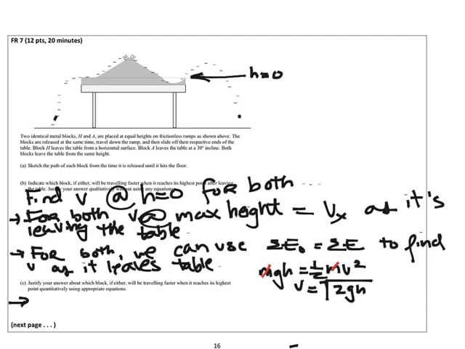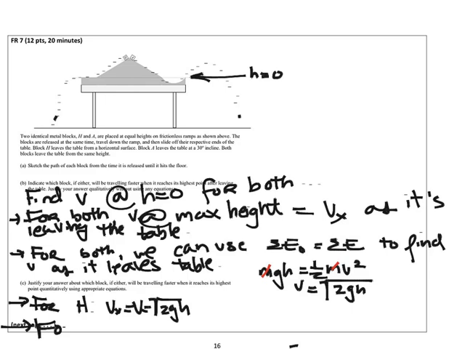Okay, then for H, Vx is equal to V, which is square root 2gh.